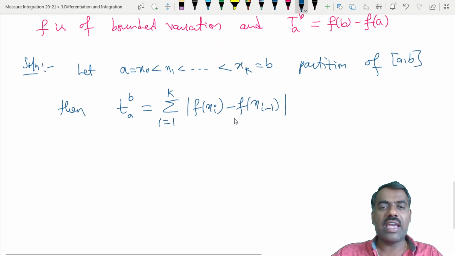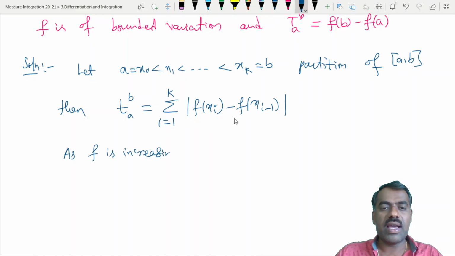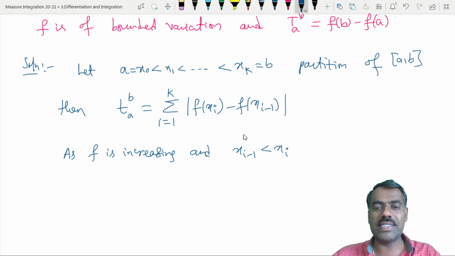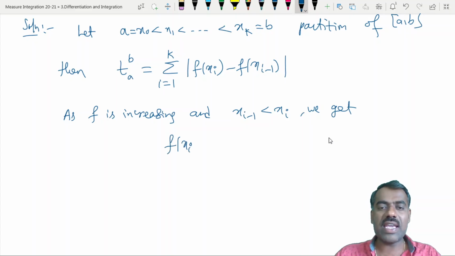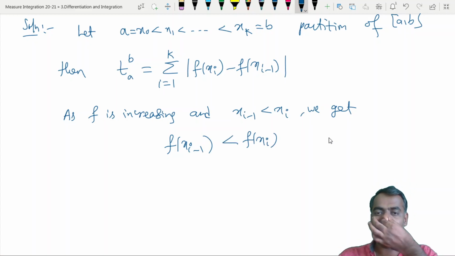Now what can you say about, because f is an increasing function? As f is increasing, and this xi minus 1 is strictly less than xi, because that is a partition, right? So what can you say about f of xi minus 1 and f of xi?